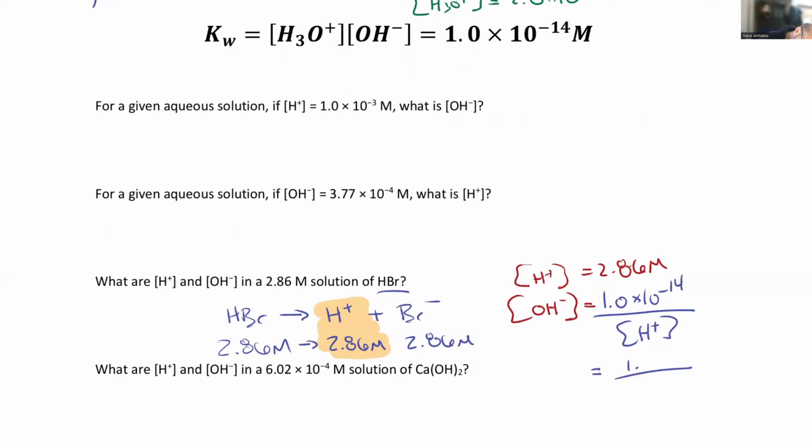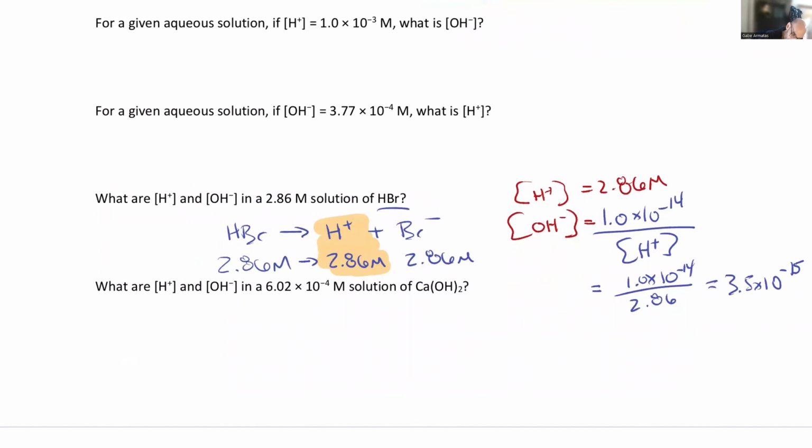So 1 times 10 to the negative 14, divided by 2.86. That's 3.5 times 10 to the negative 15. There we go. Problem solved. That's it. Molar, capital M.